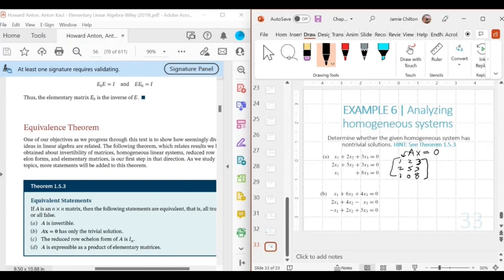Now, is that an augmented matrix? No. When we are just looking at the coefficients, that is called a coefficient matrix. So keep that in mind. Then we would be multiplying that by our x1, x2, x3. And all of that then is going to equal what? 0, 0, 0.